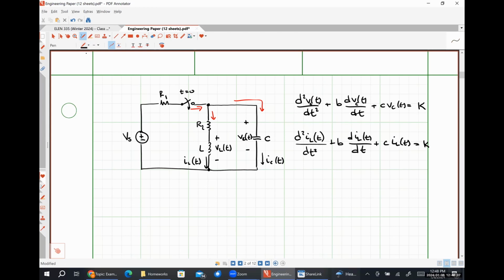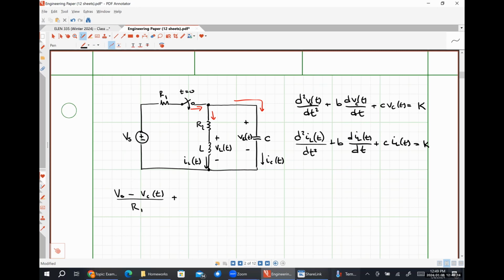So the current flowing in, I could write as Vs minus Vc divided by my resistor R1, where effectively I'm just treating the bottommost node as if it were ground. Another way to think about this would be doing KVL around the outside loop and solving for the current that's flowing through the resistor R1, same thing.